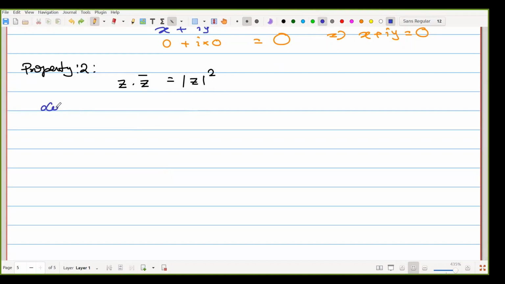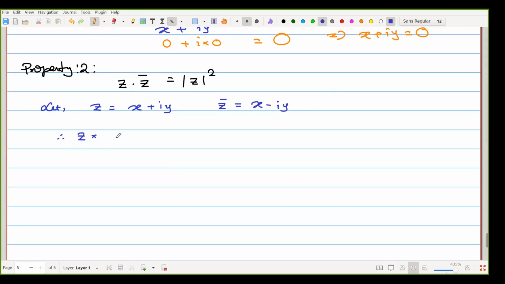Let z is equal to x plus iy. Then its conjugate z bar is equal to x minus iy. Let's multiply it.